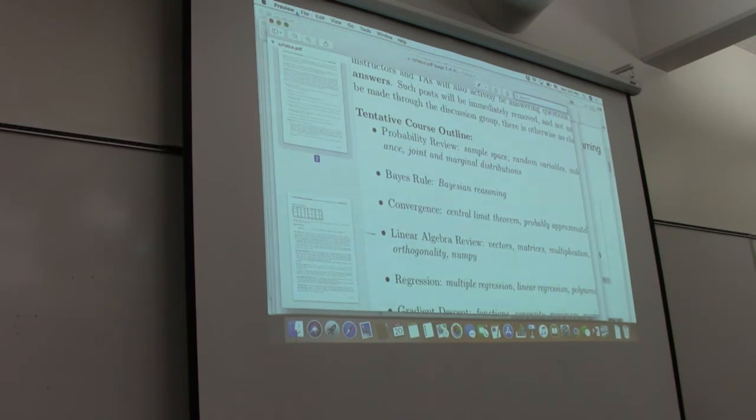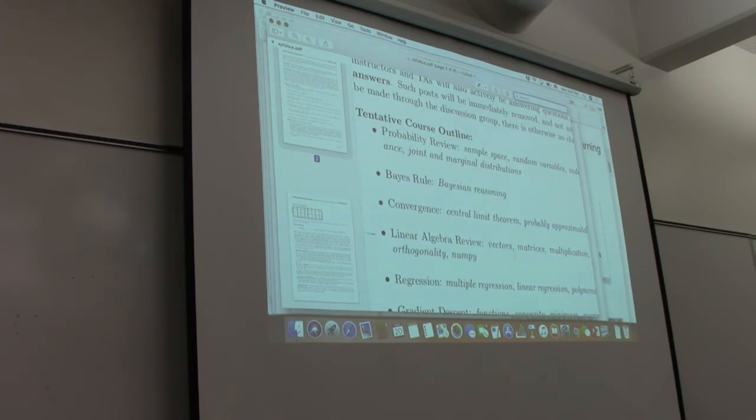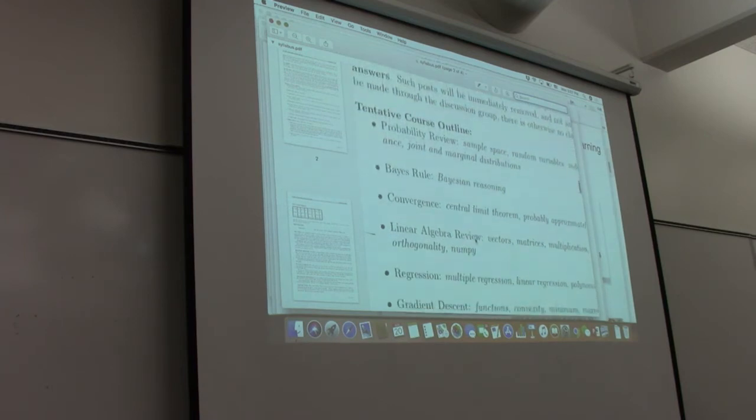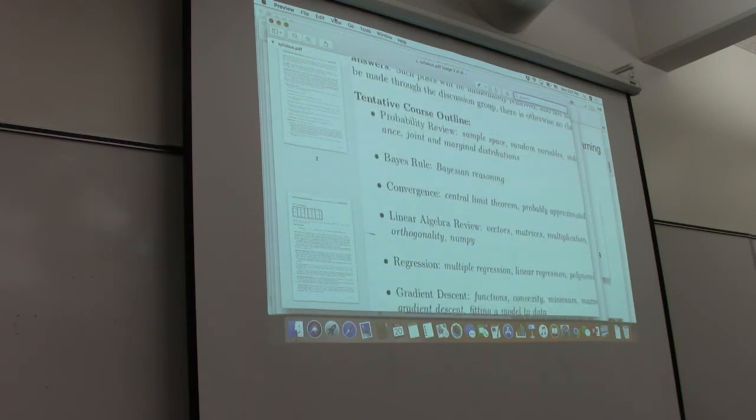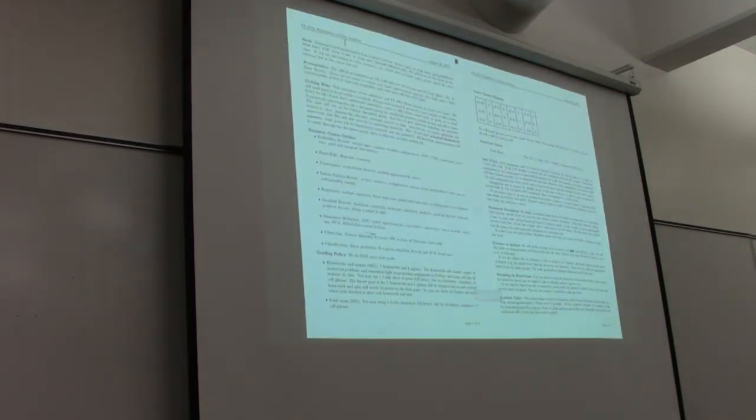I don't know why this mouse is completely dead. Okay, then we can go to the full screen.